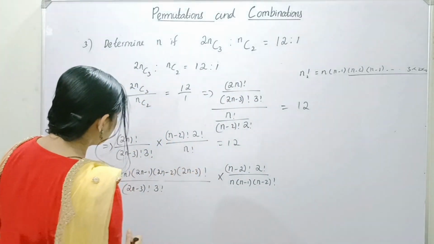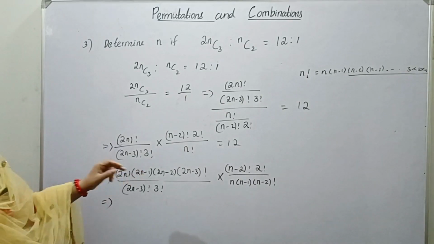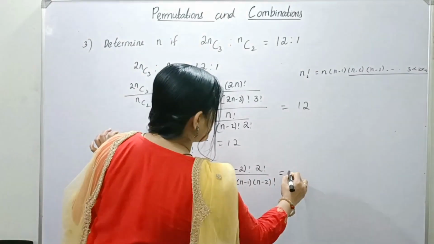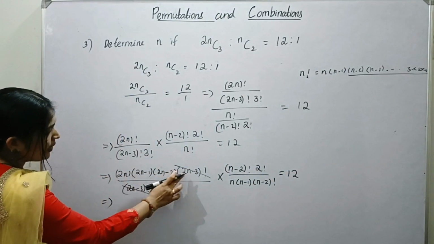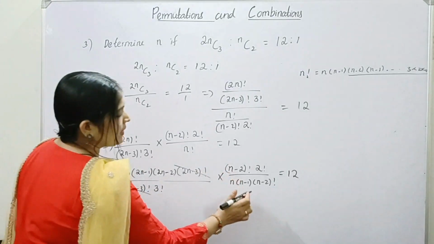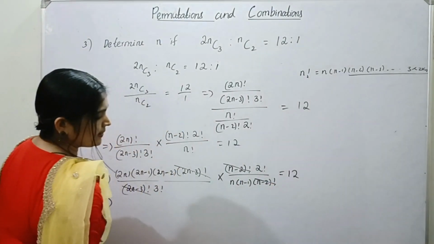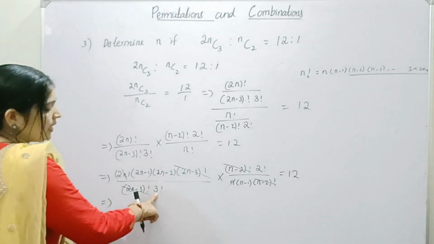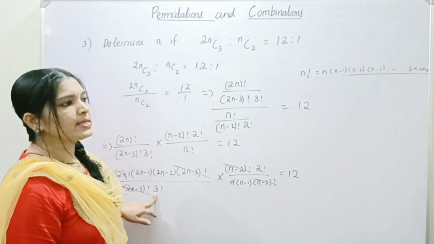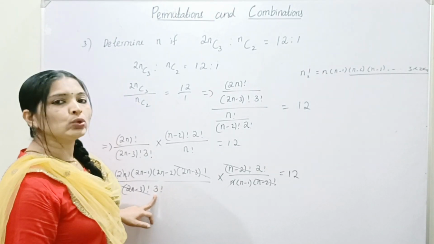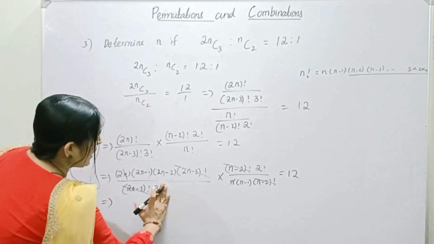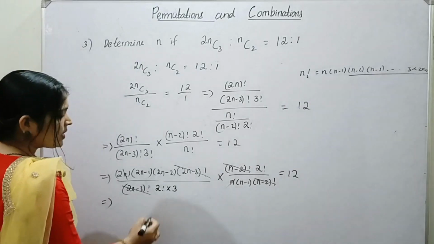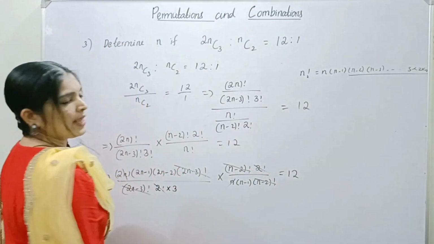Here (2n minus 3) factorial cancels, that is equal to 12. (2n minus 3) factorial cancels, then (n minus 2) factorial cancels, then n cancels. Then 3 factorial is nothing but 2 factorial into 3, so that 2 factorial will cancel.